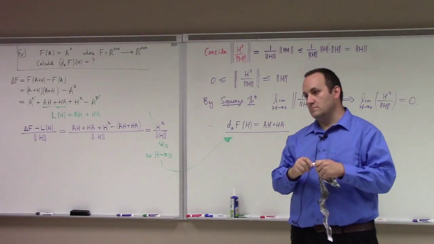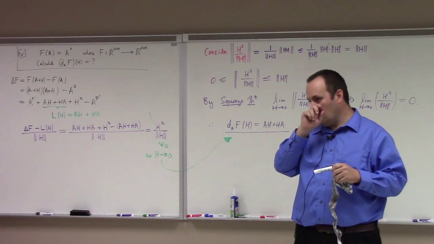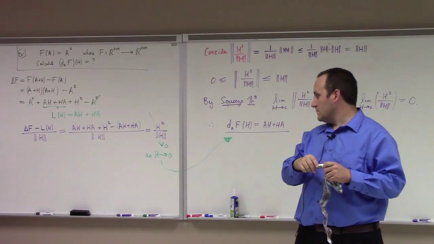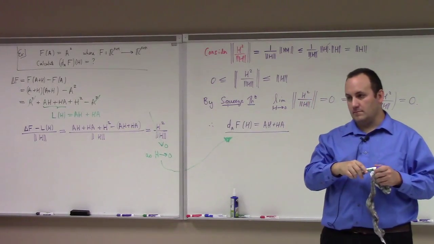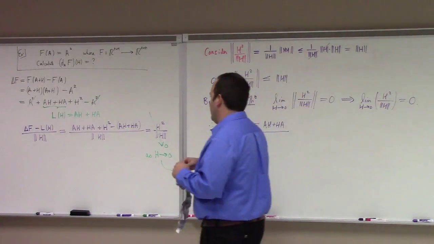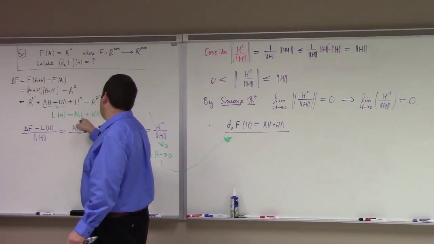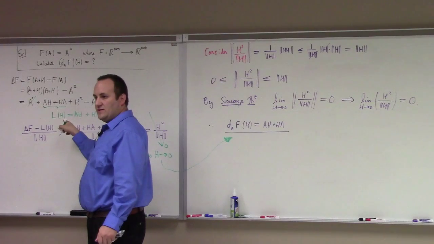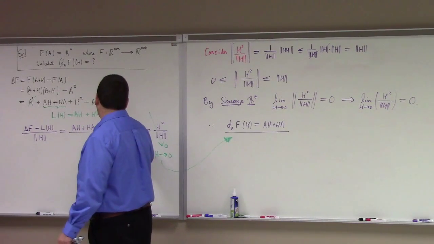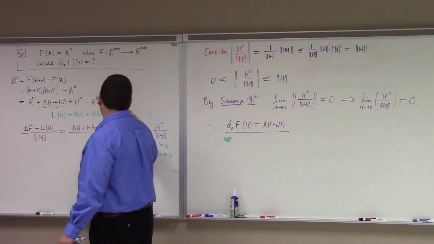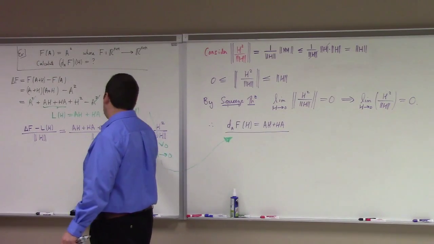d sub a f of h is equal to L of h, which is the best linear approximation. This is just a transitory definition I use because I don't want to write d sub a f everywhere, because at some point it'll look kind of circular if I do that.